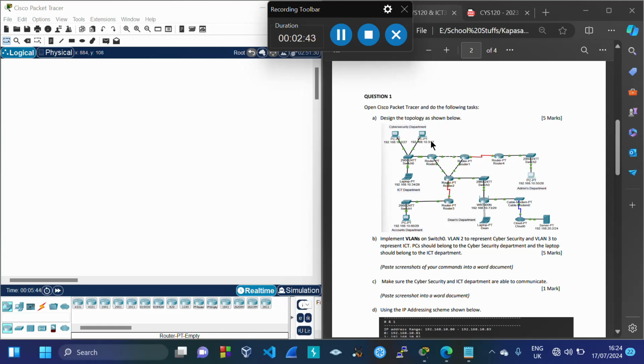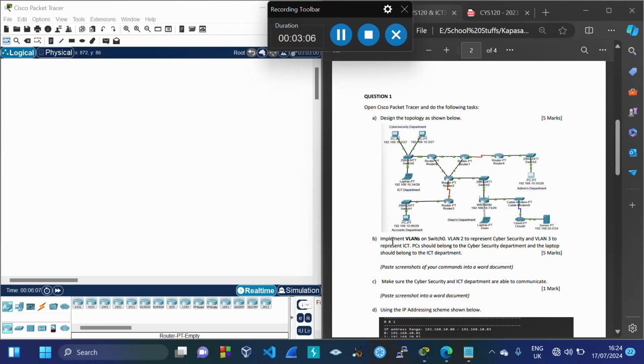This is a logical topology, no wonder we are under logical. Since we need to design this topology is 5 marks, but I won't design it the way it is at first. I'll be following the questions that follow till we complete this topology to earn our 5 marks.